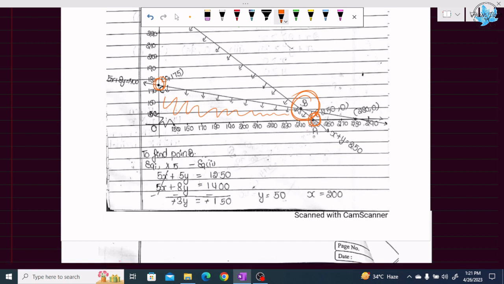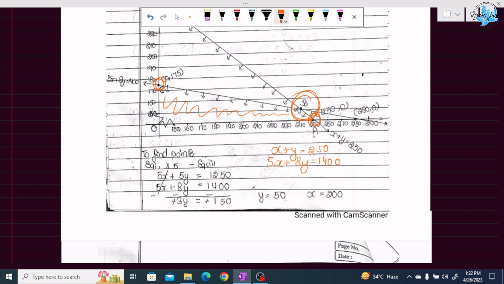The first equation is x plus y equals 250, and the second equation is 5x plus 8y equals 1400. I have to solve these equations by either the substitution or the elimination method to find the point B, that is x and y.